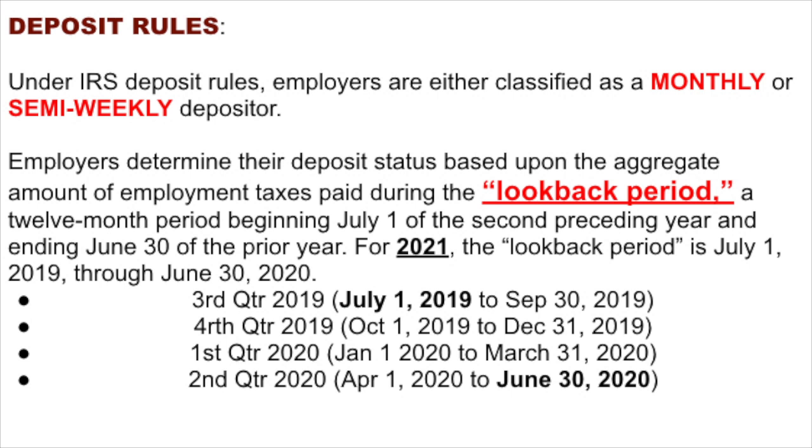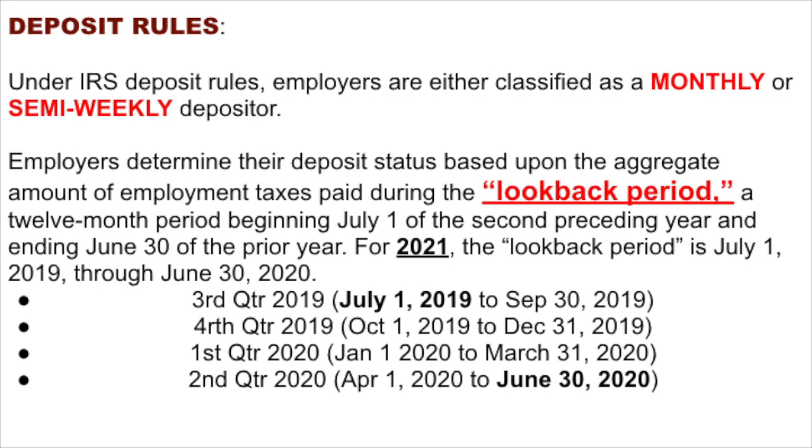Under the IRS deposit rules, employers are either classified as monthly depositor or semi-weekly depositor. Employers determine their deposit status based on the aggregate amount of employment taxes paid during the look-back period. It's a 12-month period beginning July 1 of the second preceding year and ending June 30 of the prior year.